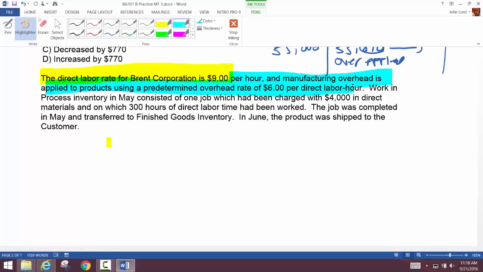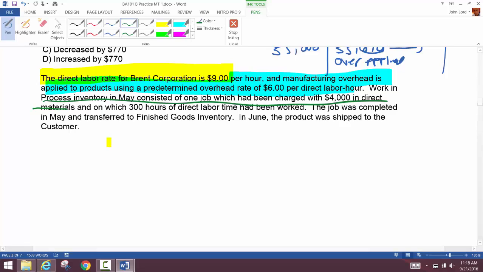It was just given to you. Okay, and then we say that the work in process inventory consisted of one job, which we have charged what? $4,000 of direct materials.